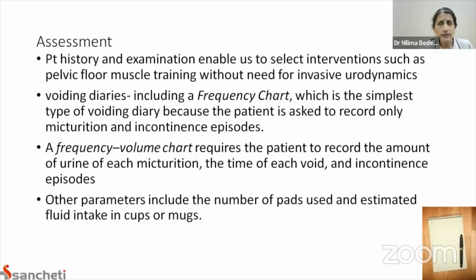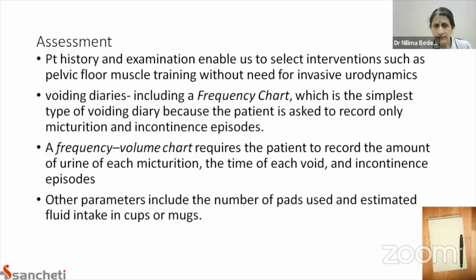Now, this takes a lot of effort from the patient's side to have this chart filled, because this is going to be very, very important, and it doesn't require any money. There are no side effects of doing a frequency volume chart. There is no problem as such with it. The only problem is that it needs self-regulation and documenting correctly. So this needs to be highlighted, and women need to be educated how to do it.